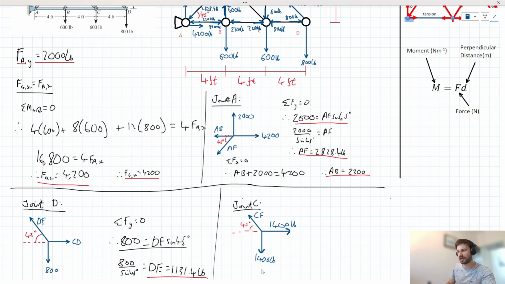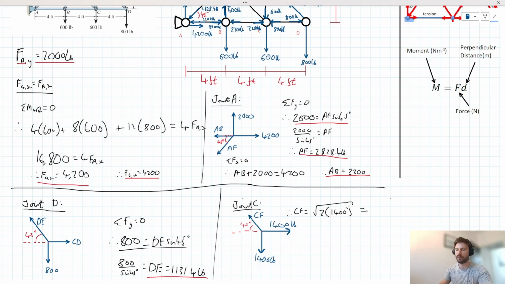I would look at a situation like this and employ a different approach. I would actually use Pythagoras' theorem here, since we note that the horizontal component of CF is 1,400 and its vertical component is also 1,400. If you're unfamiliar with this, I'd suggest brushing up on your Pythagoras theorem, but I'd say, therefore, CF is equal to the square root of 2 times, since they're equal to each other, 1,400 squared.